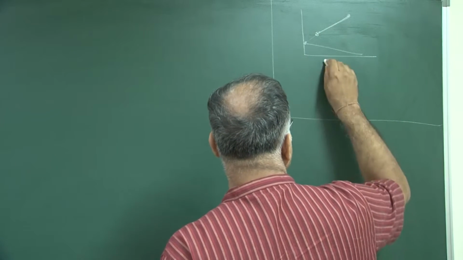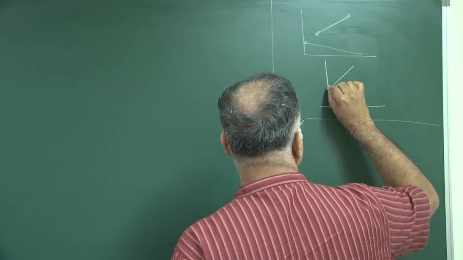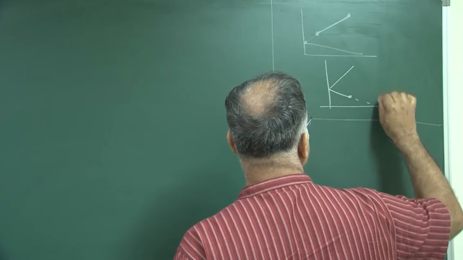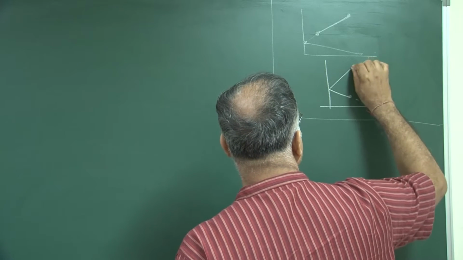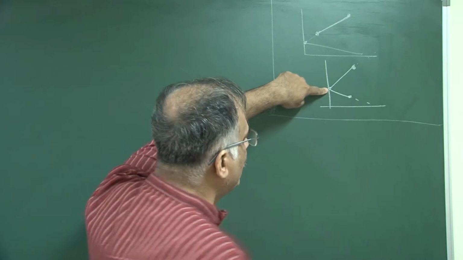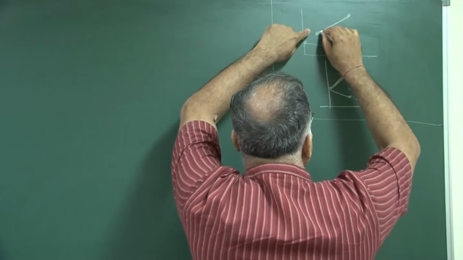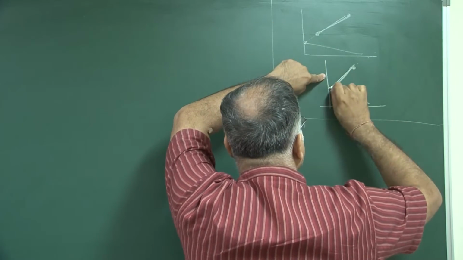Here there was another case which was like this. So, this is the point where the minimum variance is reached, and anything above that minimum variance point is called the efficient frontier.